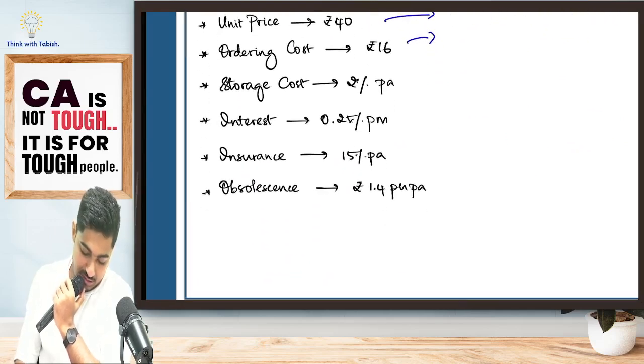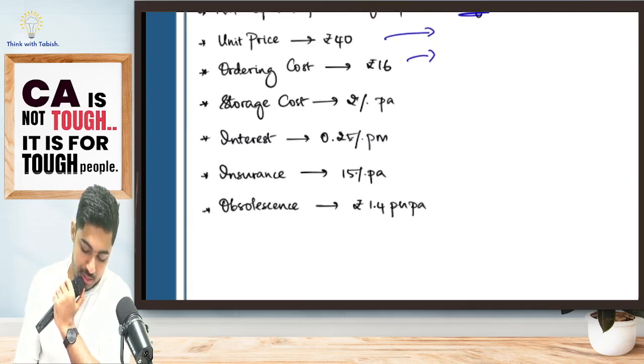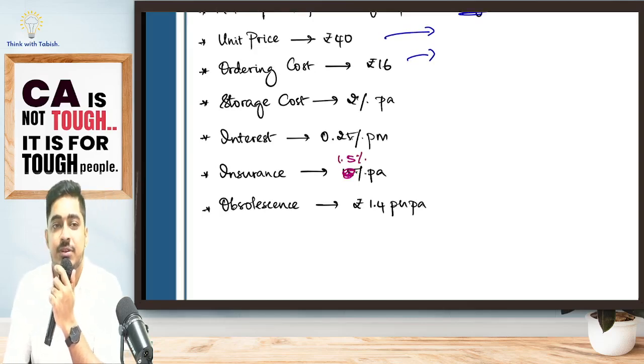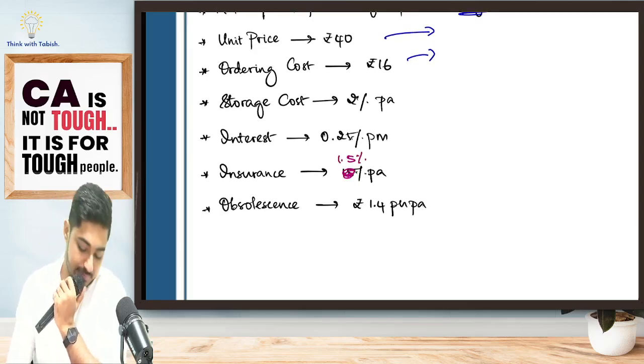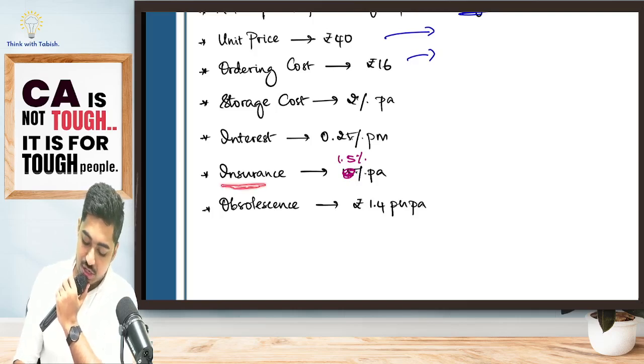Insurance. 40 into 1.5 percentage. This is not 15 percentage, this is 1.5 percentage. I mean, you can put 15, but you will be getting decimal. Just avoid that. Tell me, insurance is how much? 1.5 percentage. Is it per annum? Yes, sir.